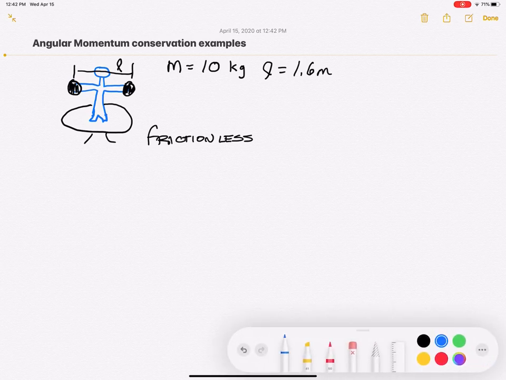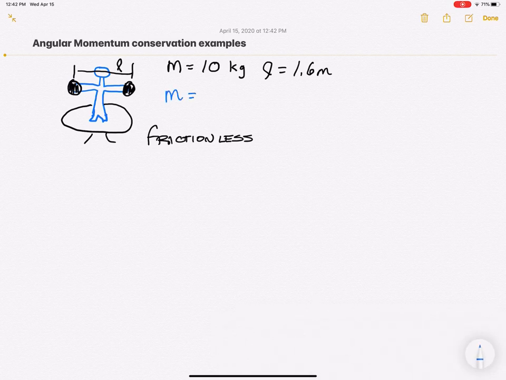Then the mass of our person will be 75 kilograms. Yeah, we're doing a very simple model of a person in this case.